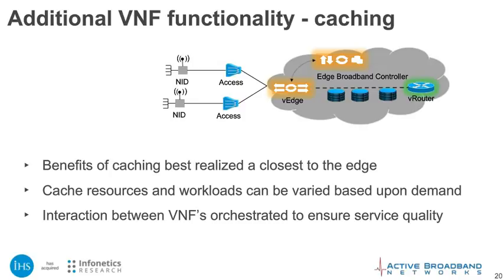In this case, with this type of model, you can actually put caching between the customer access and entitlement and the first hop router to put it as close as possible to the customer and achieve the maximum effect, and then use virtual network functions and the ability to change workloads to deal with the changing environment of the applications or the service you're trying to cache, like a massive upgrade to a particular brand of smartphone.